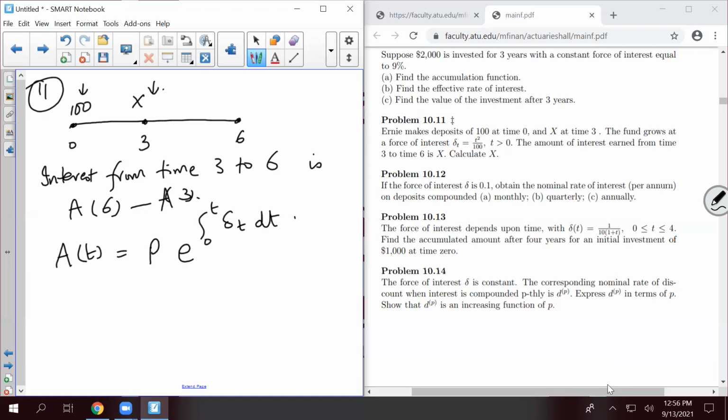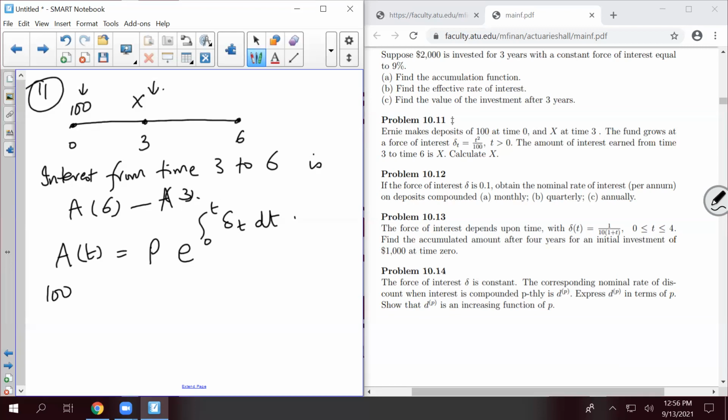So once again, the 100. First of all, 100 is deposited at time 0. So the approach will be, first we will see what happens to this 100 by the time 3. Because then at time 3, other things are happening. So first step is to see how much this 100 accumulates to by time 3, right?